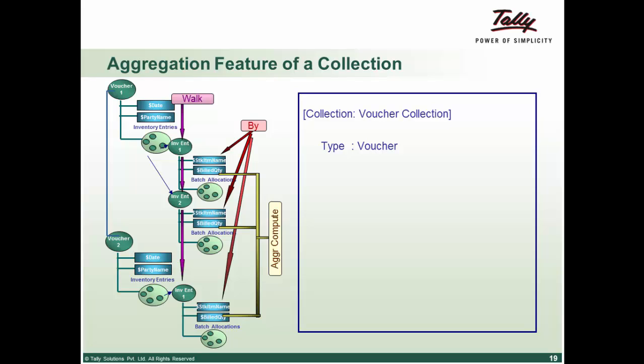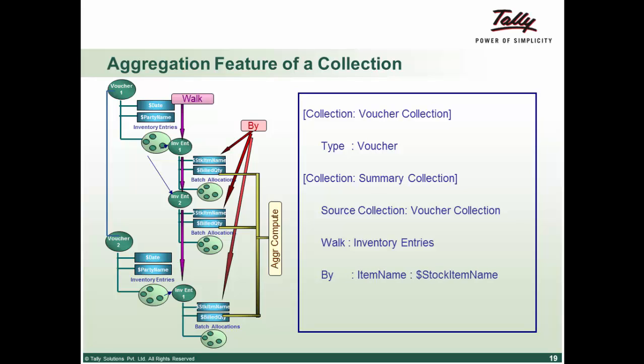First, we have a source collection. So what is the base of a collection? Type voucher. Great. Now we create a summary collection. The source of the summary collection is my object voucher, that's the voucher collection. Then we walk to the inventory entries.